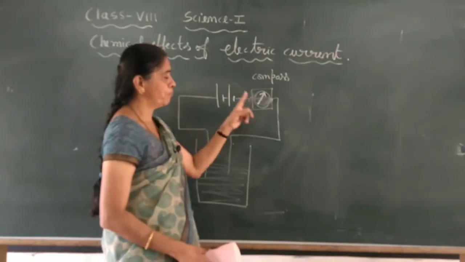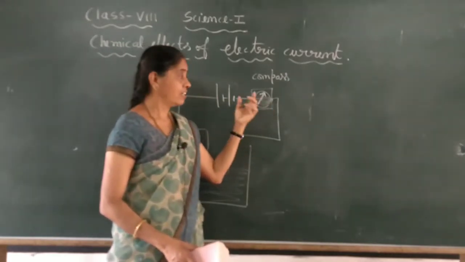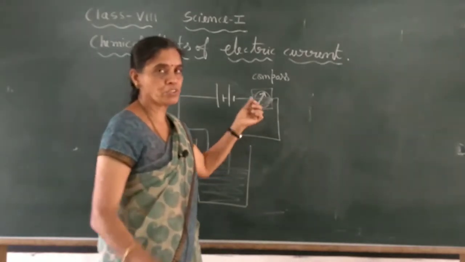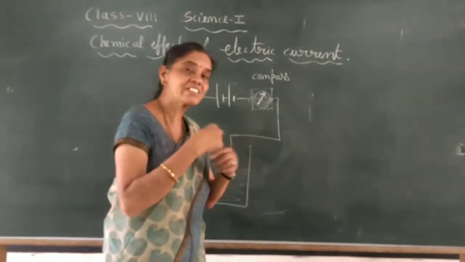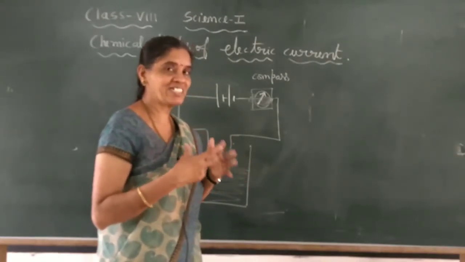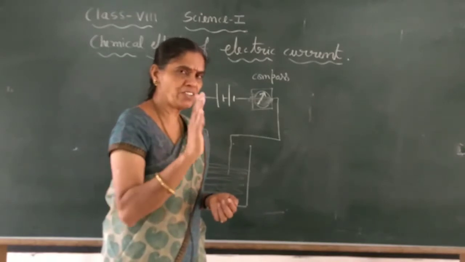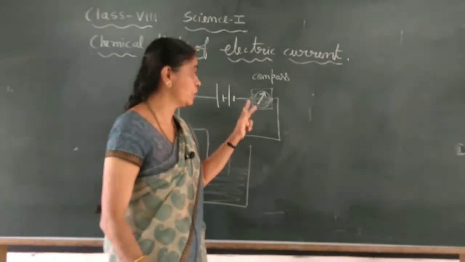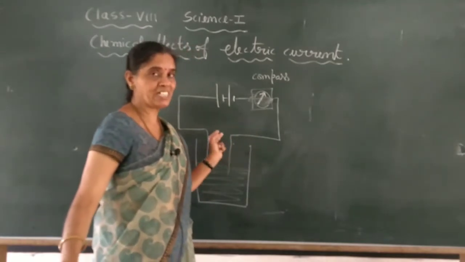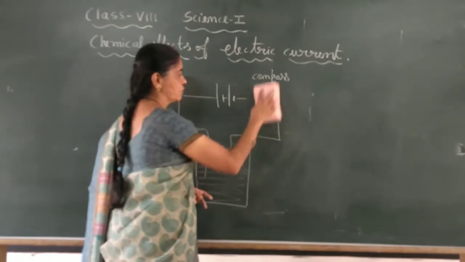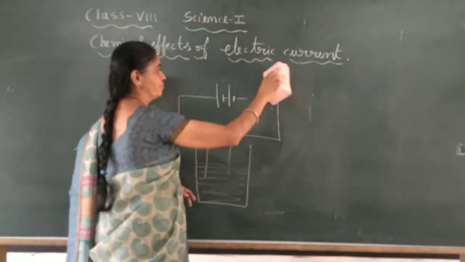But this is not so effective while doing experiments, because you have to wind several turns on this compass to get more deflection. The deflection is so weak, you cannot observe it when the current flows. So it is better to use the LED bulb to indicate the presence of current in the liquids, okay. That is one thing they have given in the textbook.